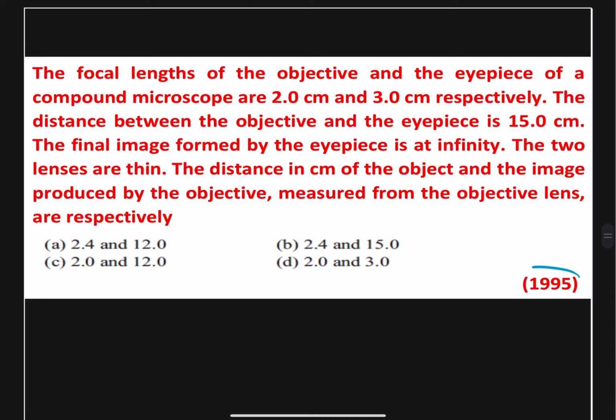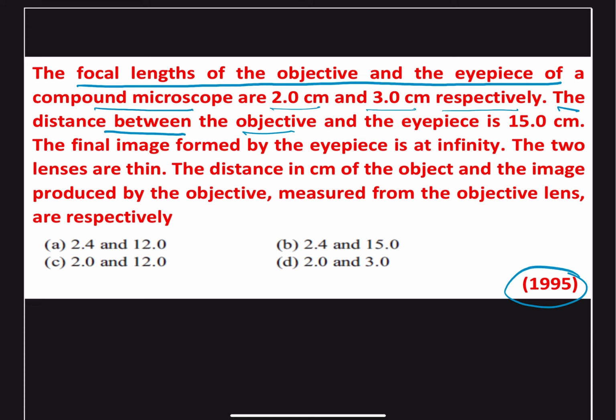It was asked in the year 1995, and it states that the focal lengths of the objective and the eyepiece of a compound microscope are 2 cm and 3 cm respectively. The distance between the objective and the eyepiece is 15 cm, the final image formed by the eyepiece is at infinity.